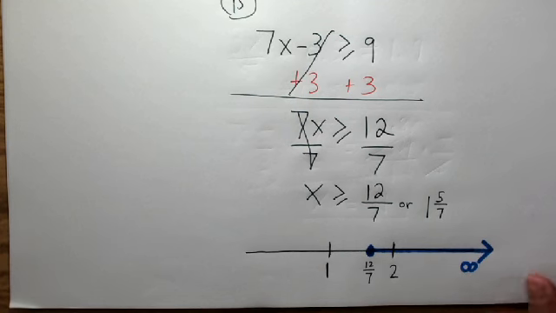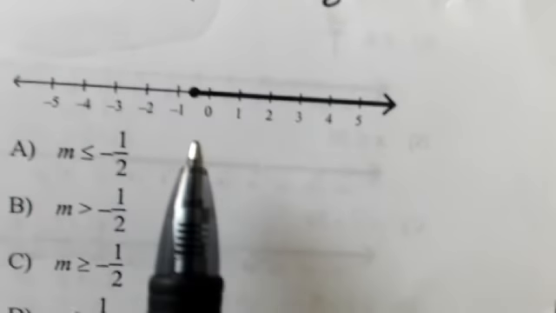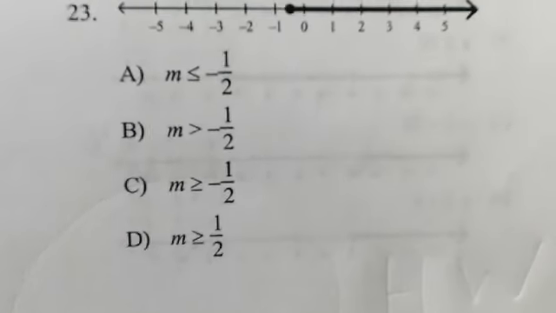The next question that was asked was, we jumped to 23. If you look at question 23, this is a filled-in circle. If you look at that, that's a filled-in circle.